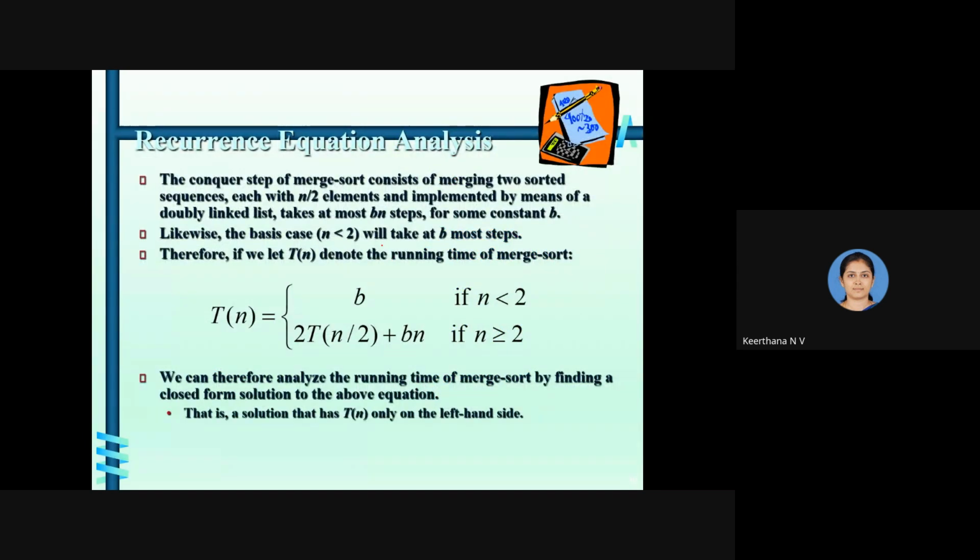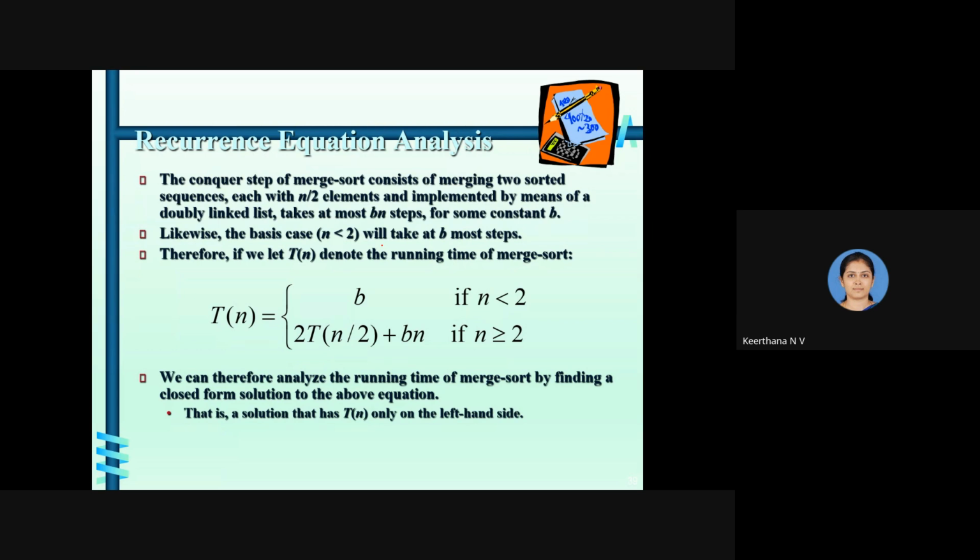So how can the recurrence analysis be calculated? In the conquer step of merge sort, you will be having two sorted sequences, right? Those two sorted sequences will be compared with each other and you can store the result in a linked list, a doubly linked list, a singly linked list, or any list.